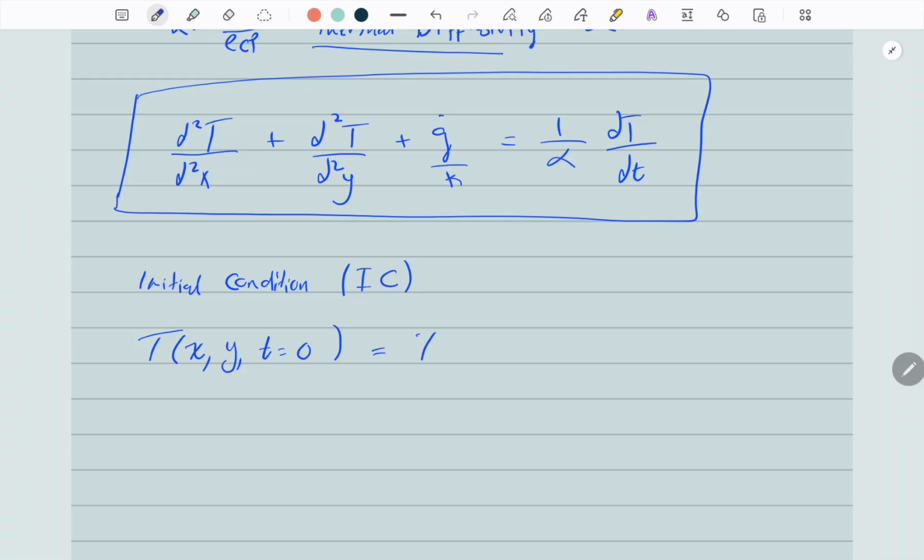That will be your initial temperature, meaning that at any point of x or y in the solid, at time 0, that is your initial temperature.